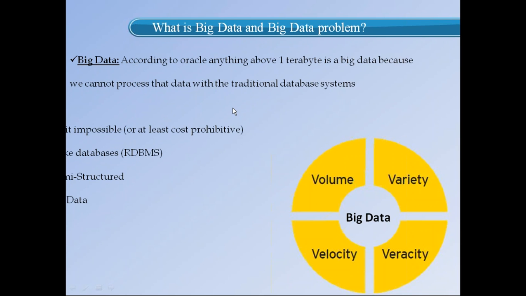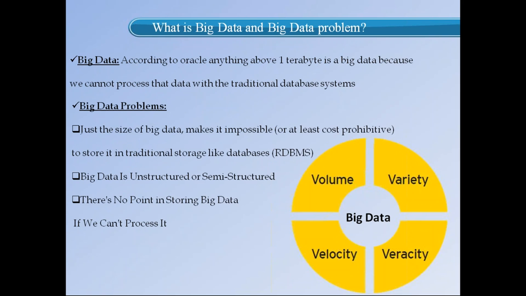Unstructured means we have images, audios, videos, GIFs, multiple types of audio and video, which are generated continuously online with the help of social media and the corporate sector. Those are unstructured data.